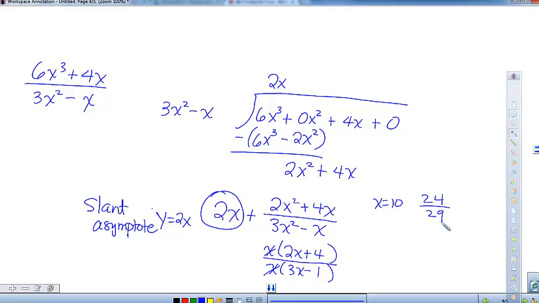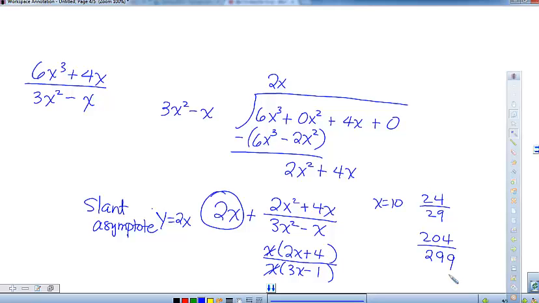Okay. If we put in 100, then we're going to get 204 over 299. Is that right? And if we put in 1,000, you can see this number is getting closer and closer to 0. I mean, we could keep doing it and you would see.